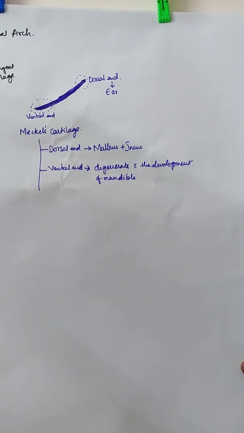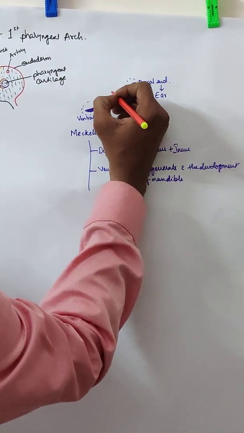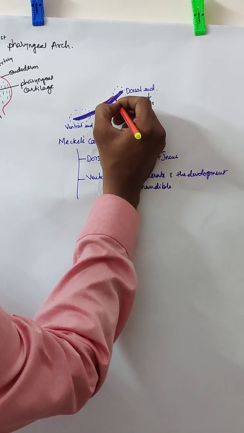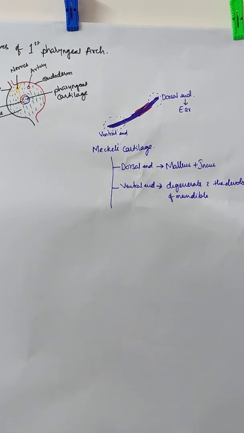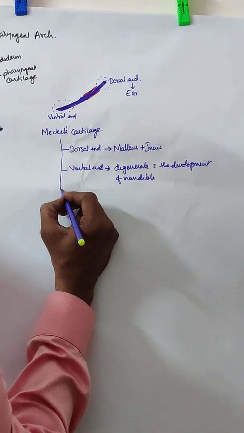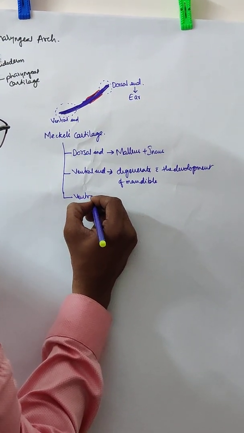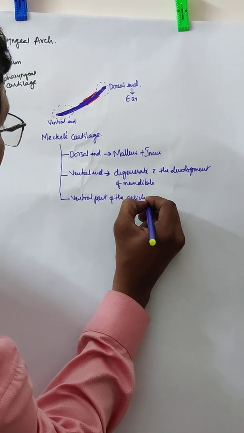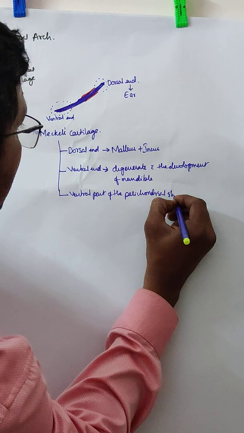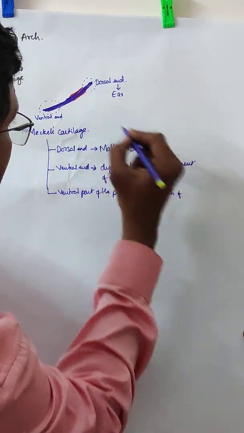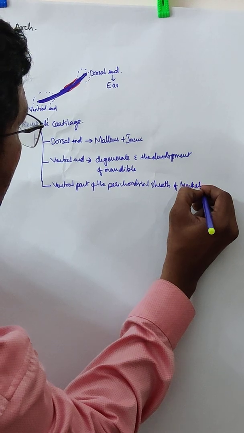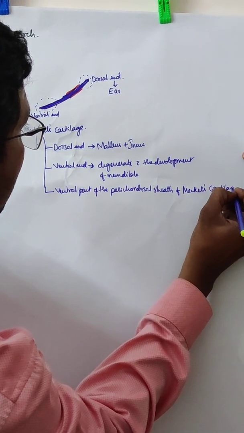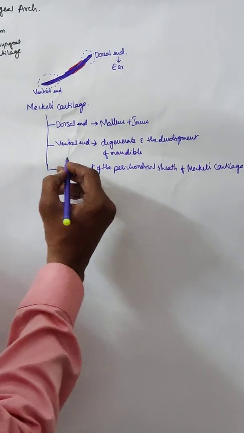Now coming to another structure, this is the ventral part, this is the dorsal part. There is a covering layer here over this ventral part of this Meckel's cartilage. The third important point is that the ventral part of the perichondrial sheath of this Meckel's cartilage forms two important ligaments.